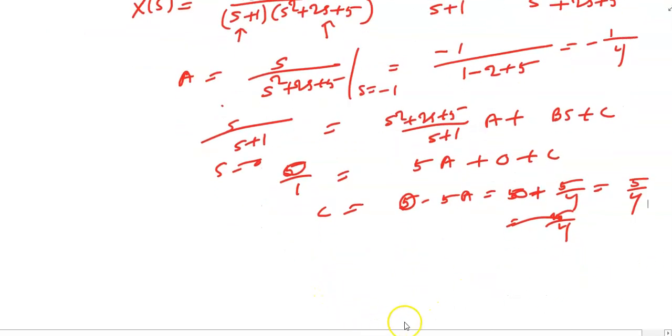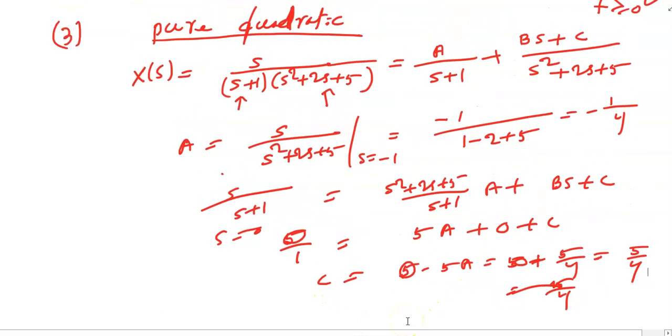Now next is how to find the B, right? Very simple. You can equate the coefficient of s square. On the right side, A into (s square plus 2s plus 5) plus (Bs plus C) into (s plus 1).